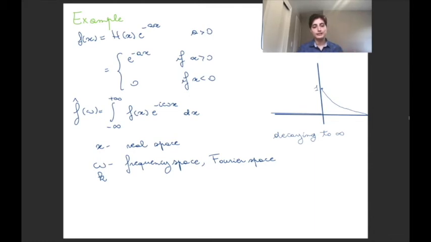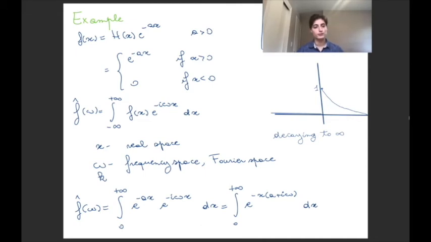We're looking at x, and sometimes we will be talking about the real space when we're looking at functions of x. And omega, or sometimes k, is called the frequency space or the Fourier space. So let's have a go at computing this function. Well, our starting function f(x) is 0 for x negative, so we can throw away half of the integral.